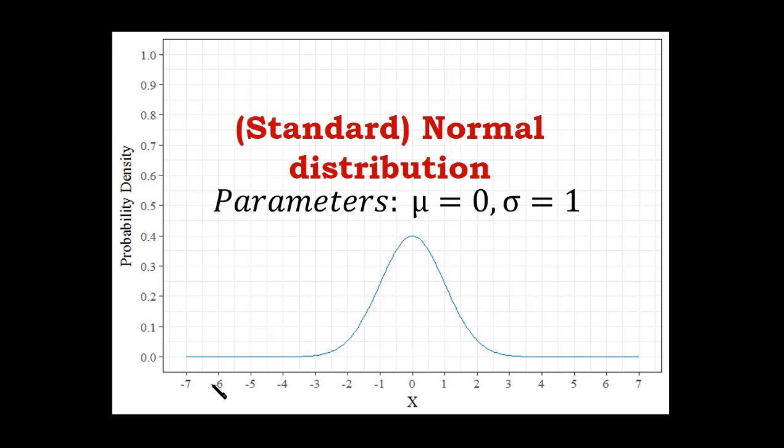So actually, this distribution can go from -infinity to +infinity. Now, the most likely values are the ones close to 0. 0 is the most likely value. Values between -1 and 1 are very likely as well. And then if we go a bit further, -2 to 2, almost all possible values are within these two. And if we go further from the center, values are less and less likely.